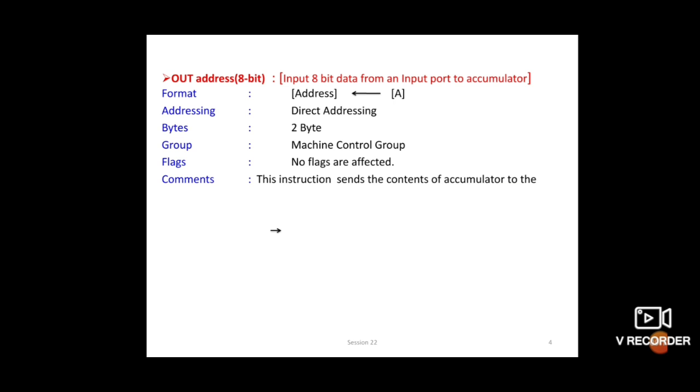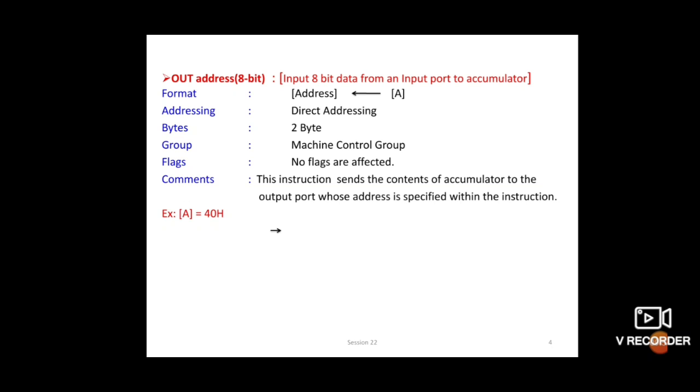So this instruction sends the contents of the accumulator to the output port whose address is specified within the instruction. Before the example, how does this output instruction work, how is the circuit? Just listen. In this instruction, LEDs, you know LED means light emitting diode. 8 LEDs are connected to the 8085 microprocessor, but through a port.